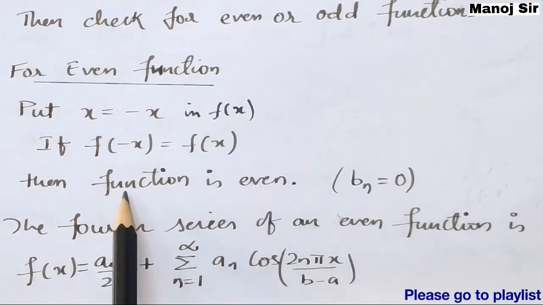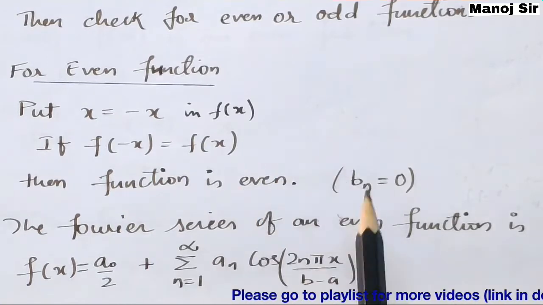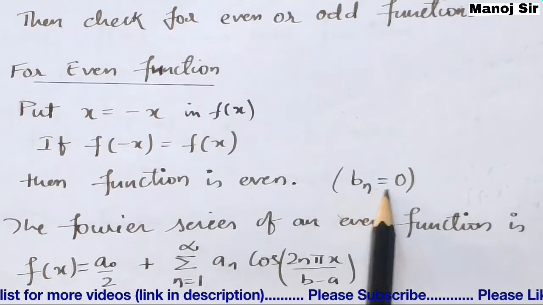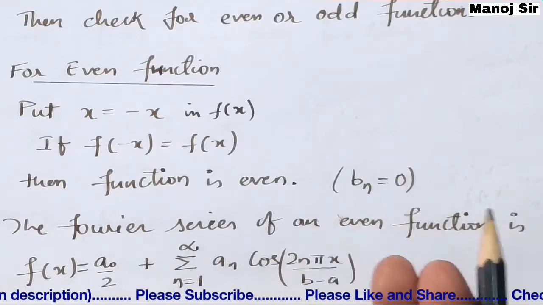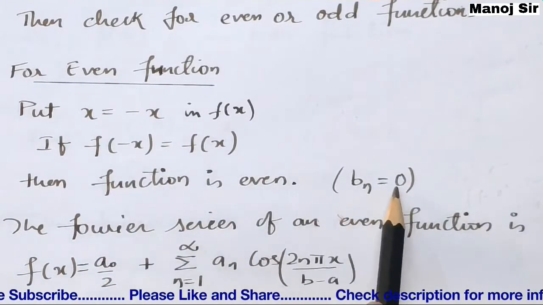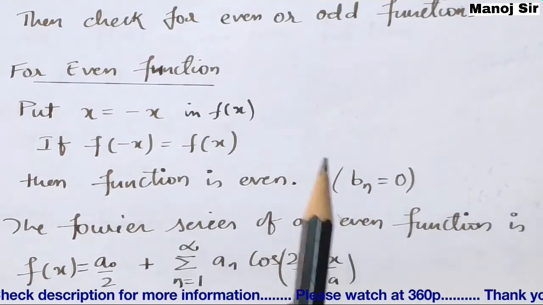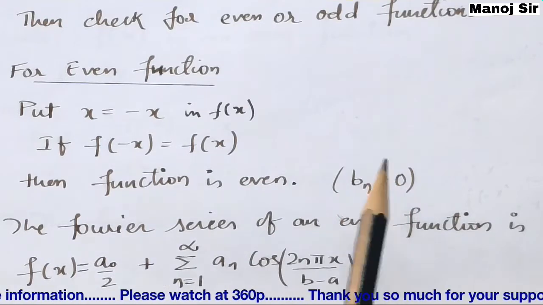And if the function is even function, then automatically bn will become 0. If you don't know whether in this function bn equals 0 or not, you simply find the value of bn, and you will find that bn becomes 0.